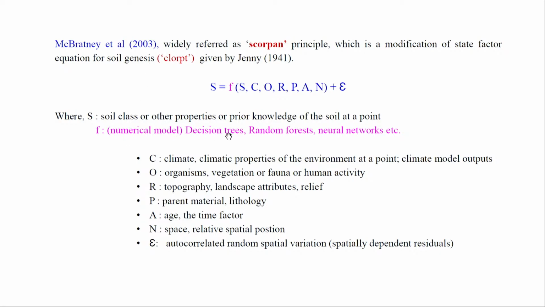Decision tree, random forest, artificial neural network, SVM techniques, support vector machine. So various statistical models are there. With those models, you establish mathematical relations between the soil information and the environmental covariates to generate the soil properties.